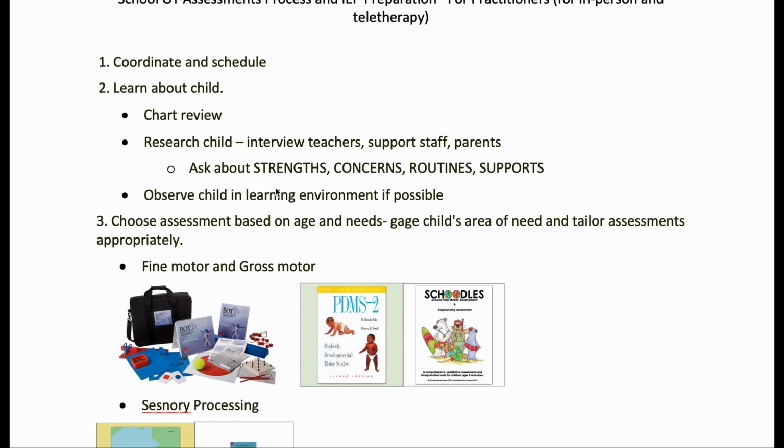Then 2 is chart review and research the child. So therapists will do chart reviews and interview those who work closely with the child, such as the teachers, the aides, parents, other supports, to learn more about the student and their unique individual needs. You can request writing samples or coordinate and get needed approval to observe the child in the classroom.